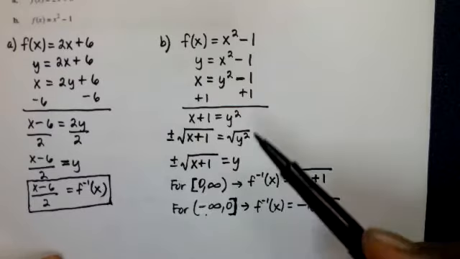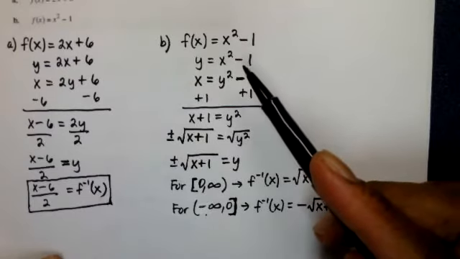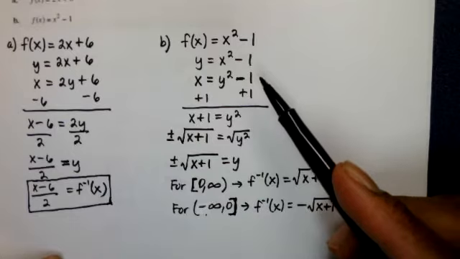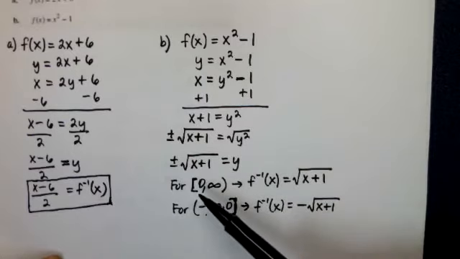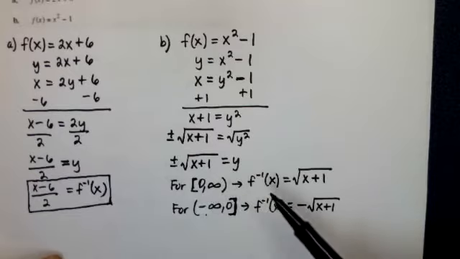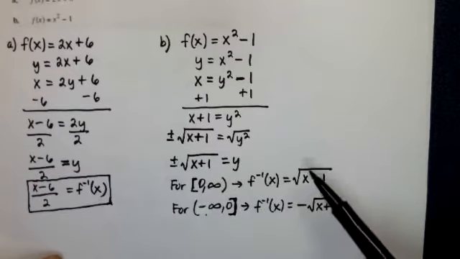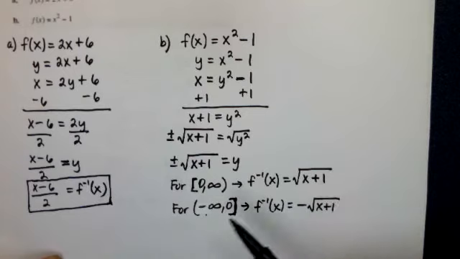Okay, I'd like to return back to part B of finding the inverse of f of x equal to x squared minus 1. I only had the part for 0 to infinity, which was f inverse of x is equal to the square root of x plus 1. I also need to include the other part, the negative square root of x plus 1 for f inverse of x.